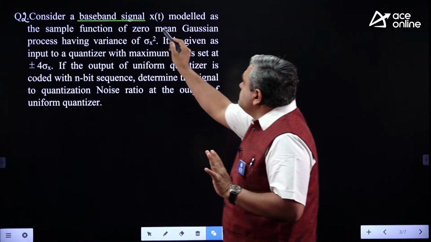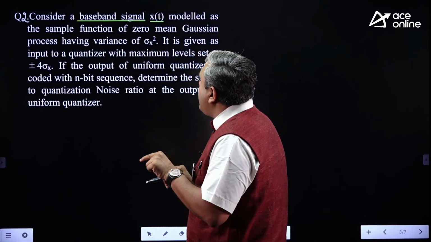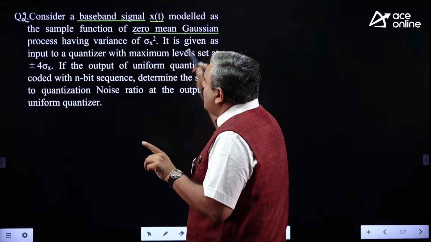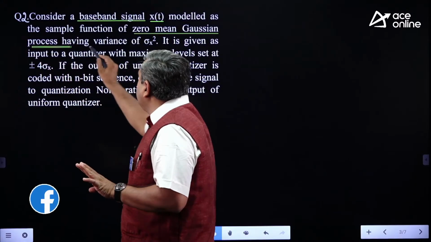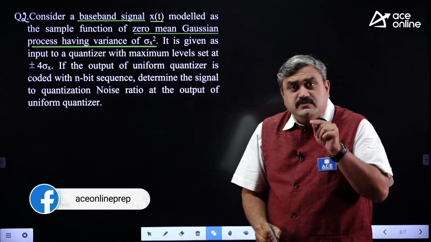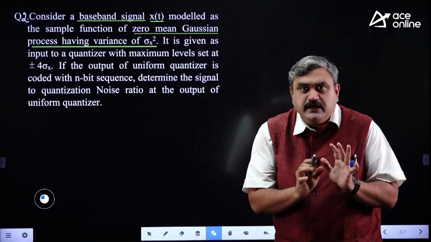X of t, so he is representing it as x of t, modeled as a sample function of a zero mean Gaussian process having variance of sigma square x. This is how the questions will actually come in your exams, in GATE particularly.